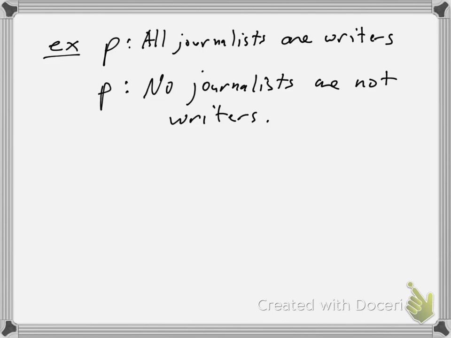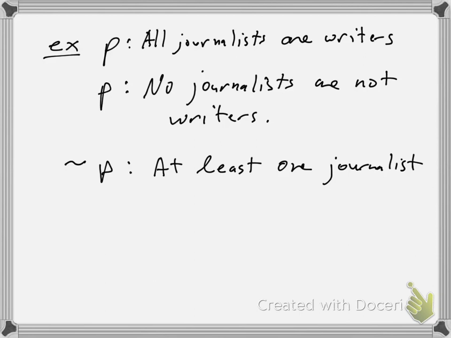Okay, now let's negate this original statement, not P. Let's negate it. So all journalists are writers. If I wanted to prove that wrong, I could say at least one journalist is not a writer.